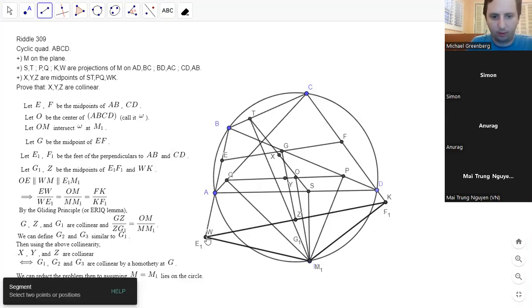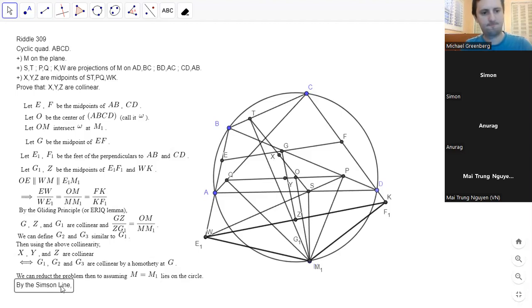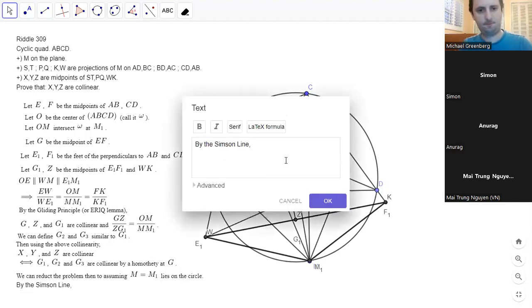Okay, so I think it was, was it W, X, and G are collinear? Let me see. So let's take triangle ABD. If you have triangle ABD, then W, S, and P are collinear. So we have W, S, P are collinear.